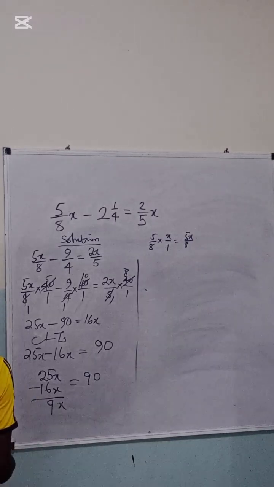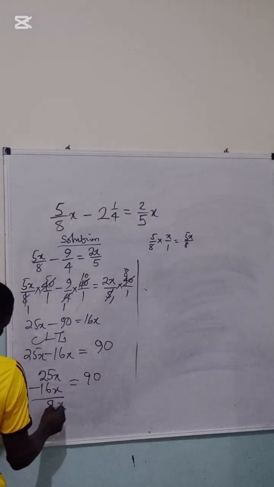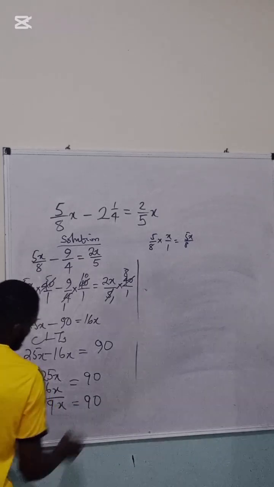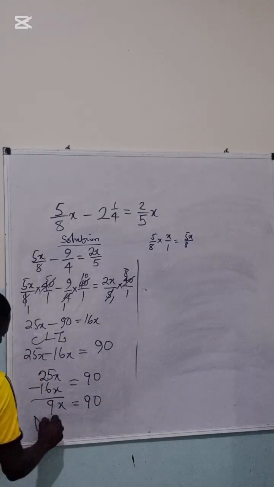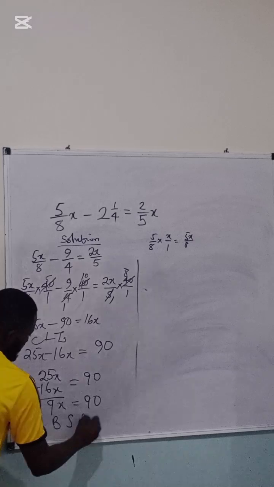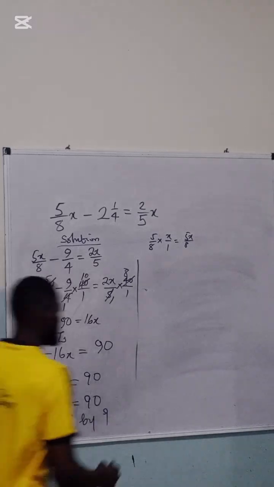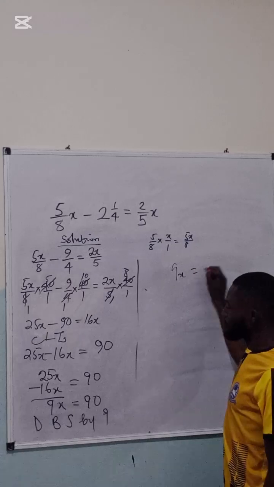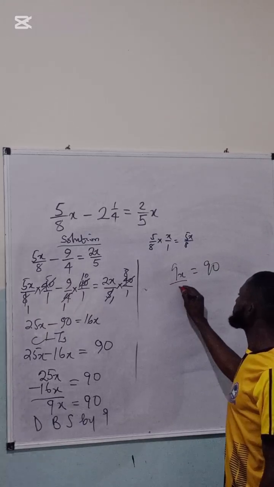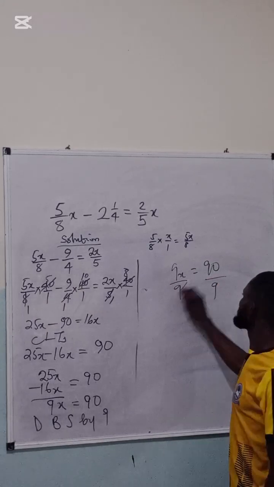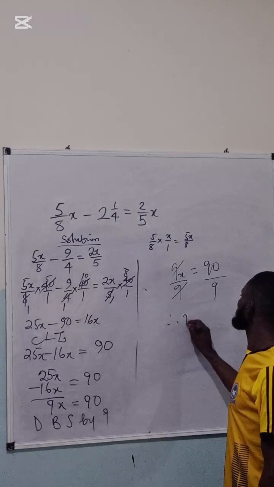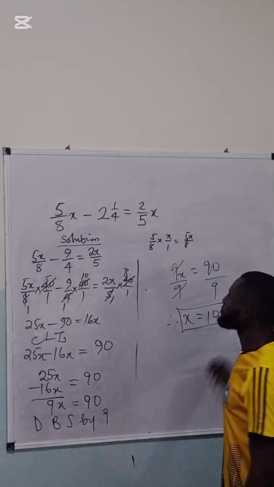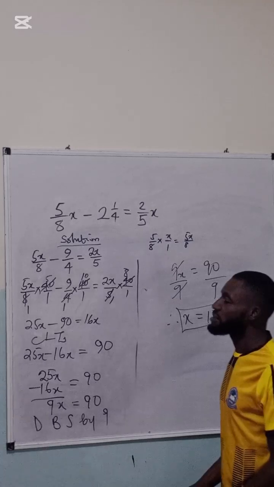This is 9, and 9x equal to 90. So now we divide both sides by 9, and then we have 9x equal to 90 divided by 9. Therefore our x is equal to 10. So 10 is the answer.